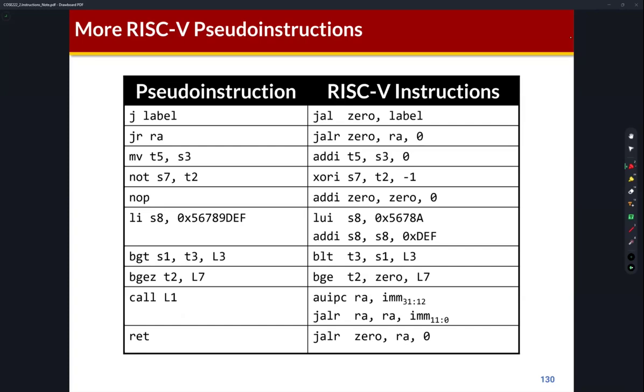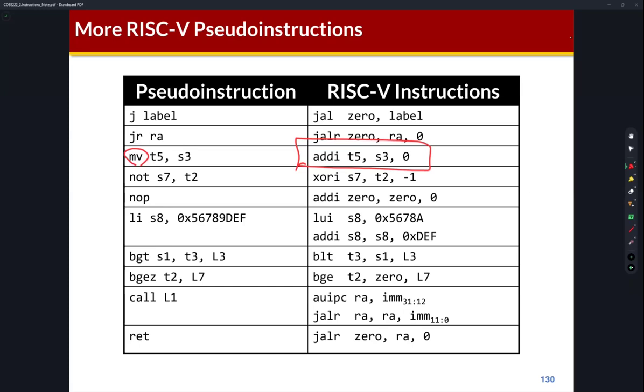Also you can find the move instruction, which moves data from a source register to a destination register. You can find the move instruction in the RISC-V assembly code, but the actual instruction is addi. The meaning is the same, right?